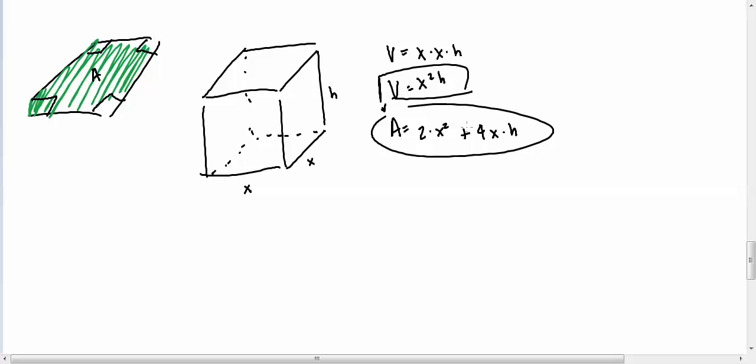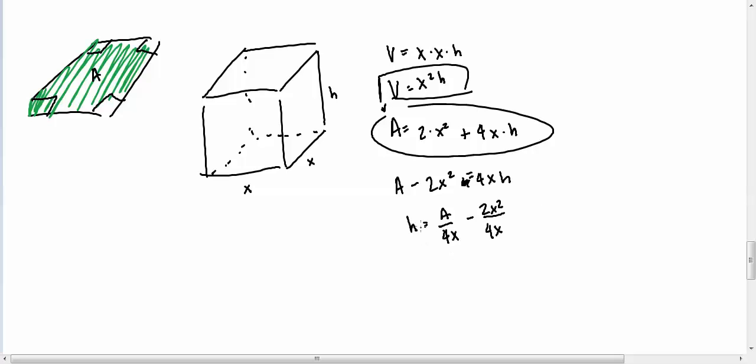Okay. So I'm going to say, A minus 2x squared equals 4x times h. So h is equal to A over 4x minus 2x squared over 4x.